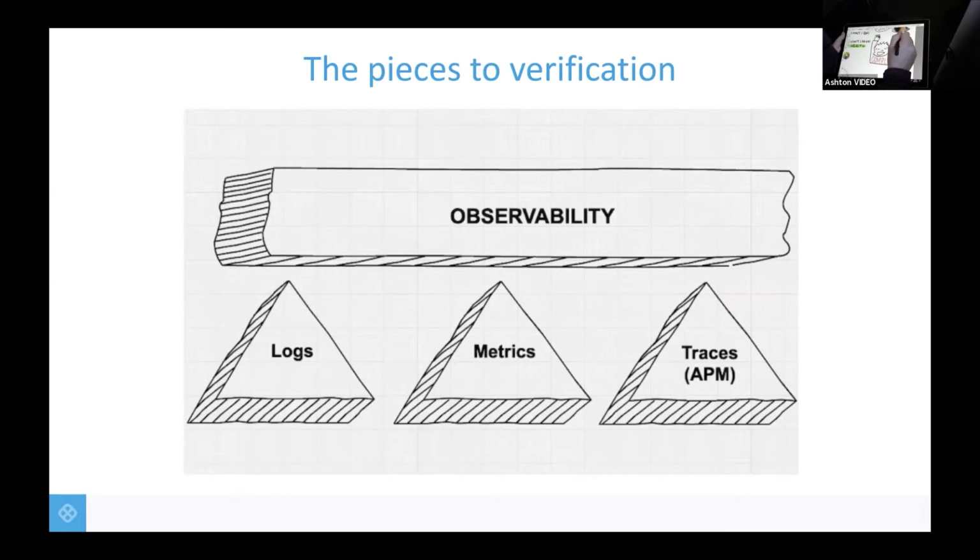And so to understand the continuous verification aspect to this, we do need to understand verification, and observability is primarily how we verify our deployments. And so we've talked about this a lot today. The three components of observability include logs, metrics, and traces. And so for your logs, those are primarily events. So you can have success events, warnings, show-stopping events, failures.